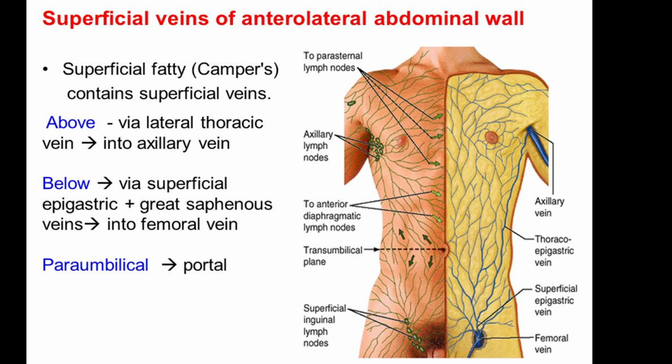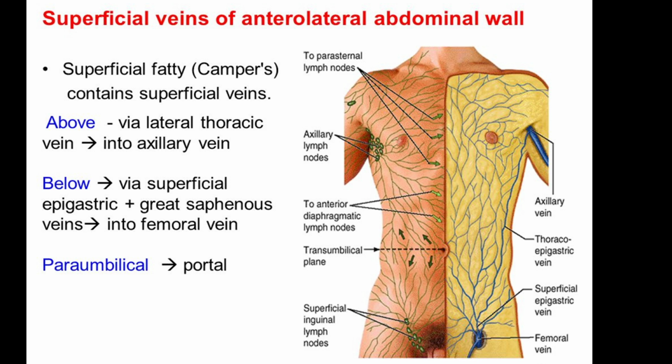On this picture you can see the superficial veins of the anterolateral abdominal wall that form the clinically important anastomosis. The anastomosis between the inferior vena cava and superior vena cava, and the anastomosis with the tributaries of the portal veins.